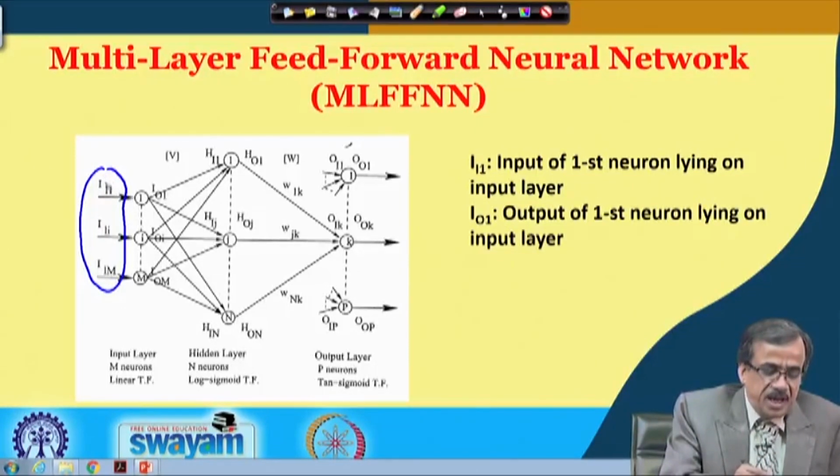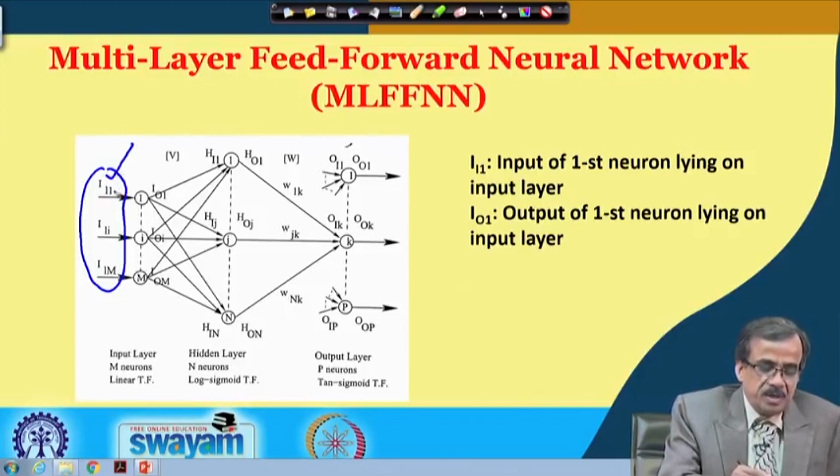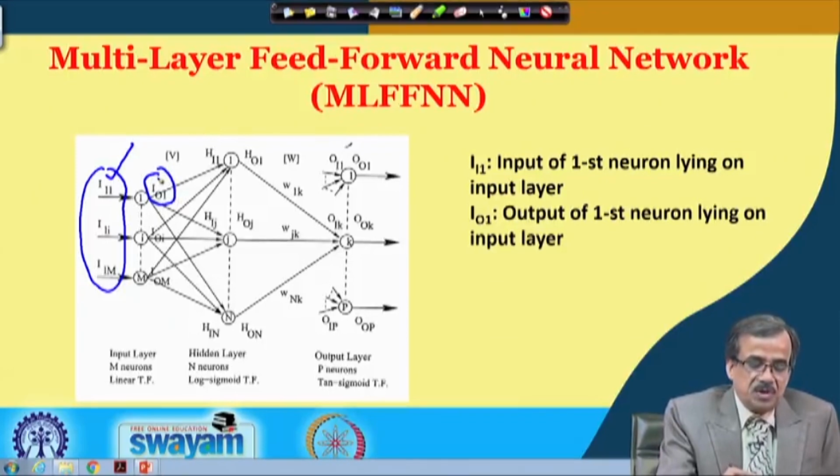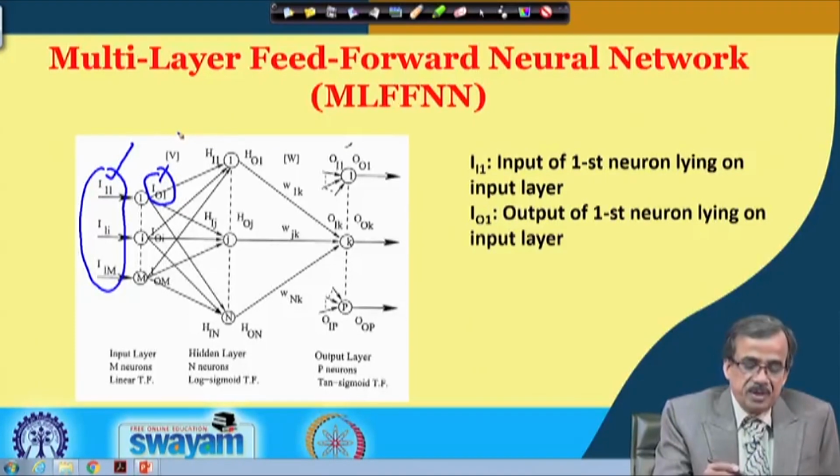Now, this I1 notation indicates the input of the first neuron lying on the input layer. Then IO1 is nothing but the output of the first neuron lying on the input layer.